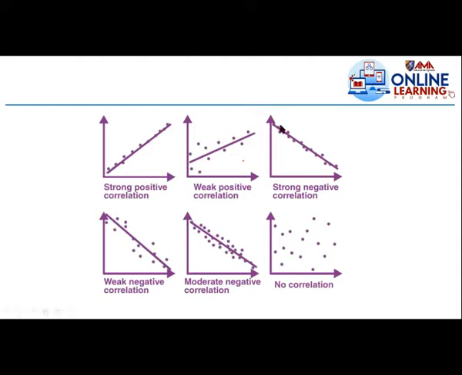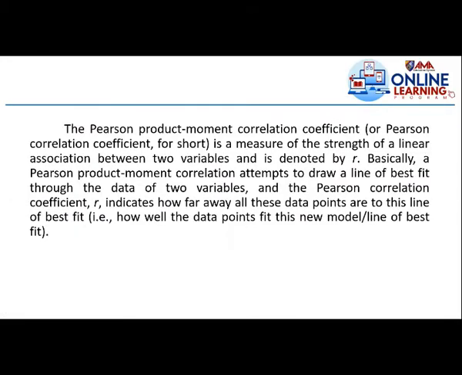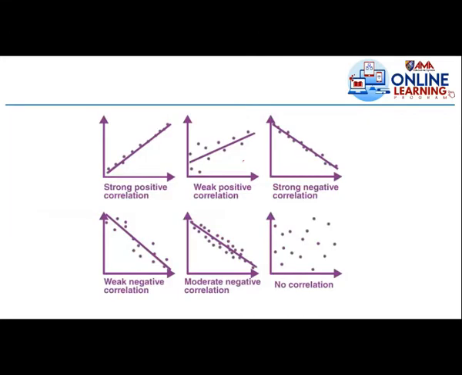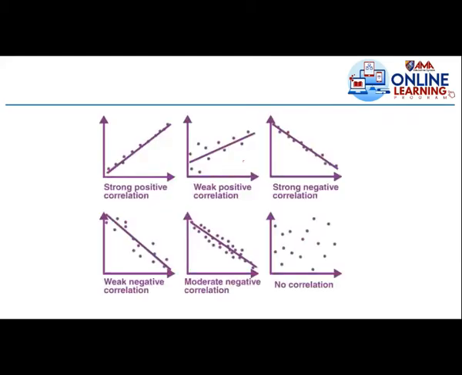Now, kumbaga itong linyang yan is the best fit. Kumbaga ito yung, this value is 1.0 correlation, meaning that is the ideal regression line or relationship between X and Y. Kung nag-coincide with that line yung mga points, it means na it is a strong positive correlation.